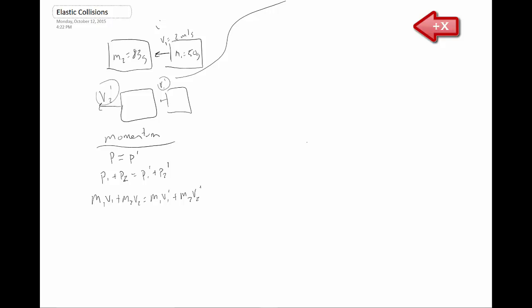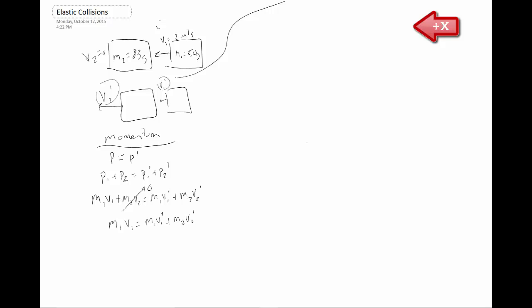The first thing you can notice is that v2 at the beginning was equal to 0. We didn't have any velocity at the beginning, so we can already simplify our lives quite a bit. So now we have m1 v1 is equal to m1 v1 prime plus m2 v2 prime.